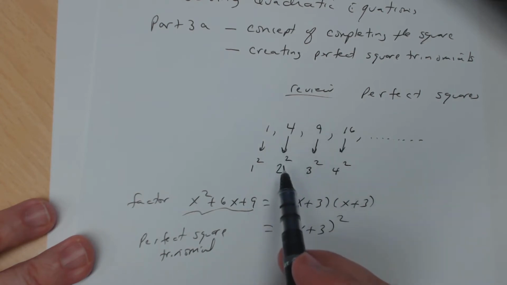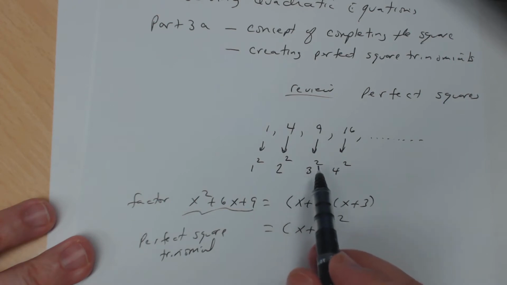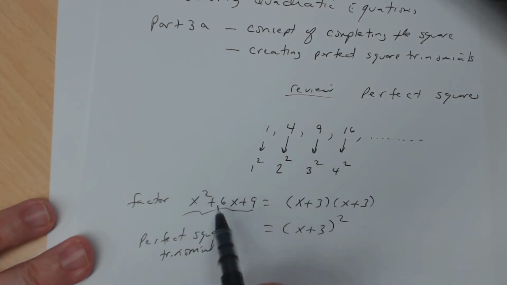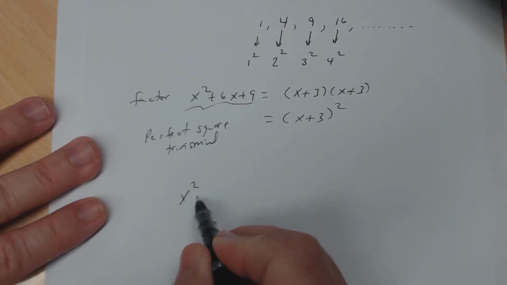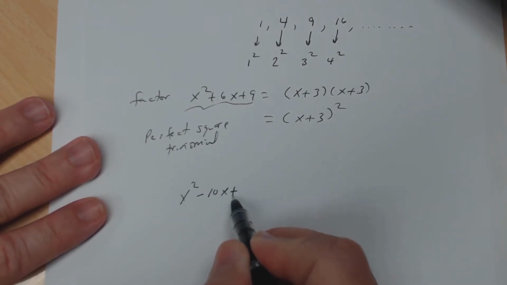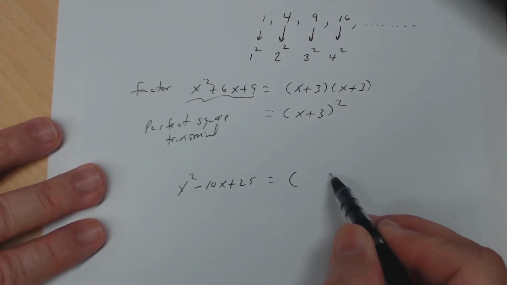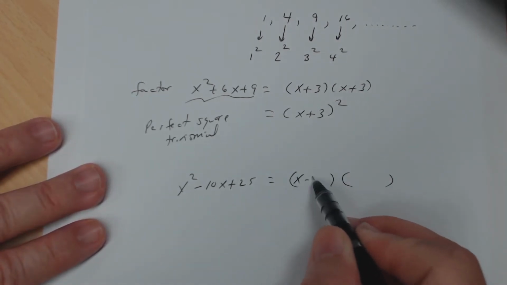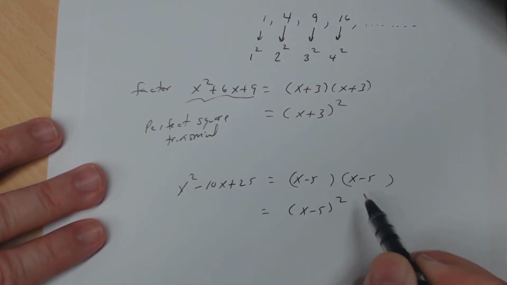I can write 4 as something squared. I can write 9 as something squared. I can write this trinomial as something squared. So this trinomial is called a perfect square trinomial. Just like this one right here is also called a perfect square trinomial, because when I go ahead and factor it, that's x minus 5 times x minus 5, which is x minus 5 squared.